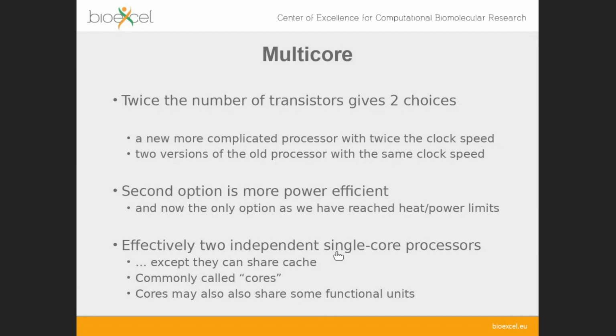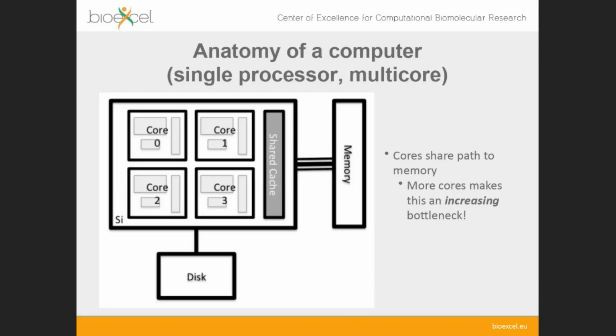So this is basically the birth of cores. Having 2 processors share a chip and share some of the elements like caches and even some functional units like maybe a floating point unit or some other units. Those are cores, and that's essentially what a multi-core processor is.